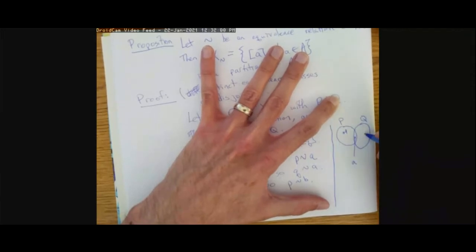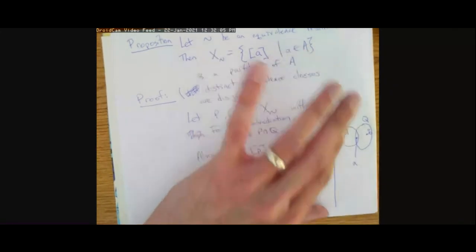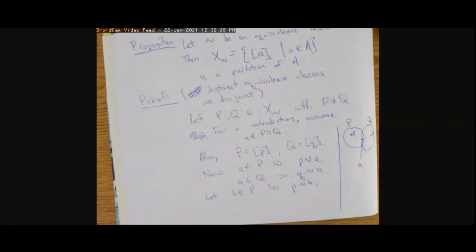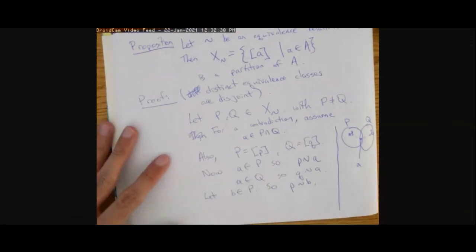And here's P, and here's Q. The plan is that we can use transitivity to join P and Q. And so that means P has to be in Q and Q has to be in P. That'll tell us they're actually the same.